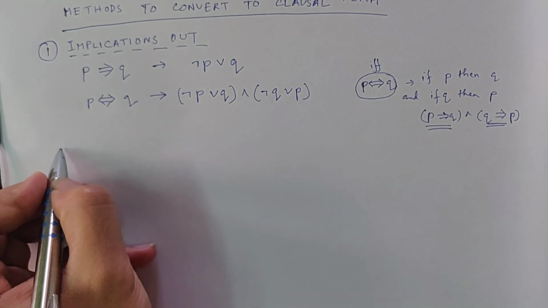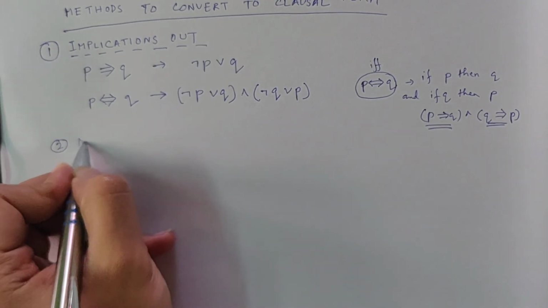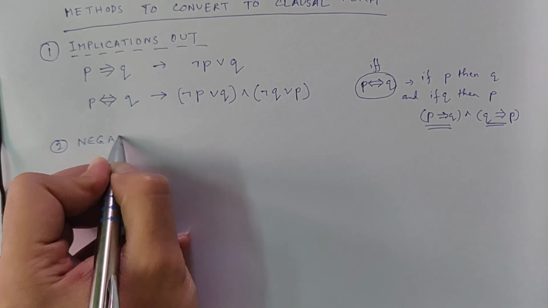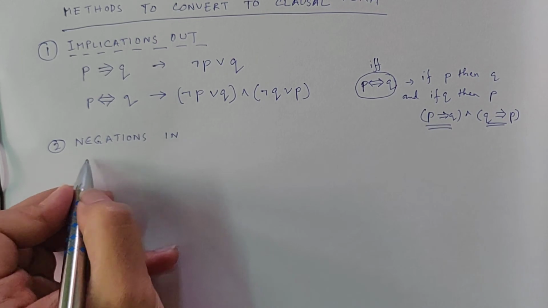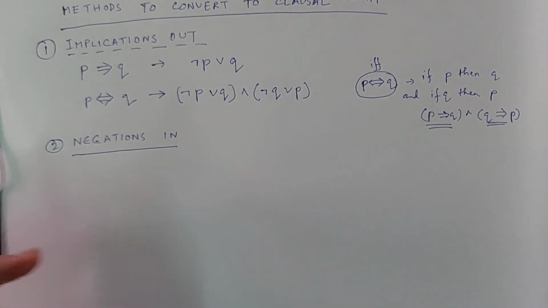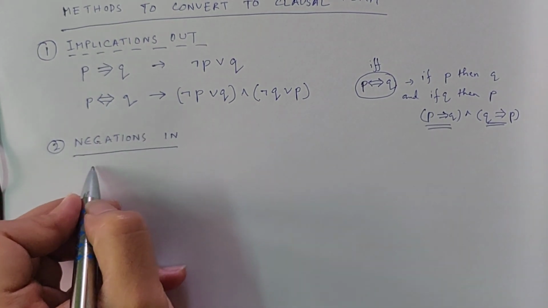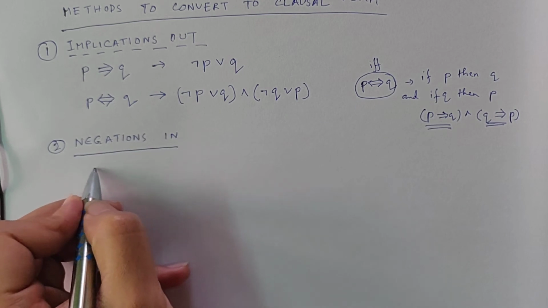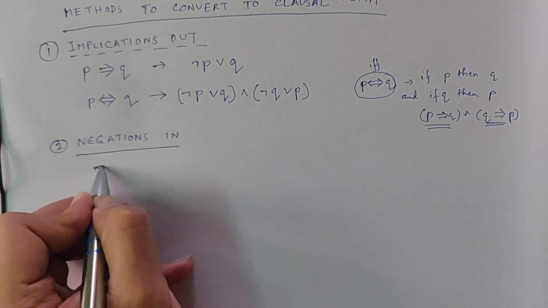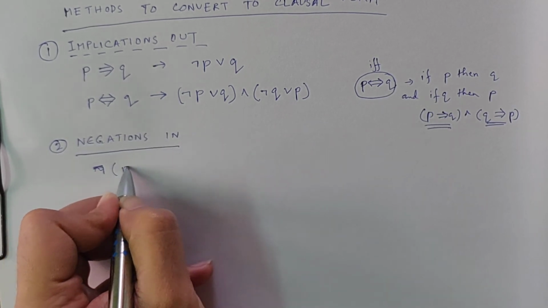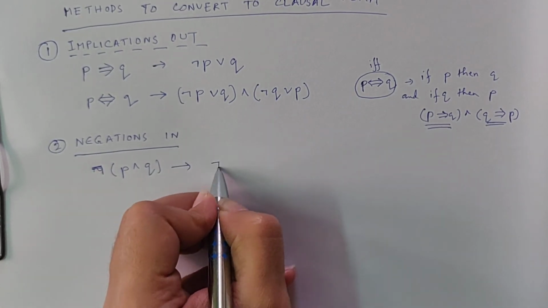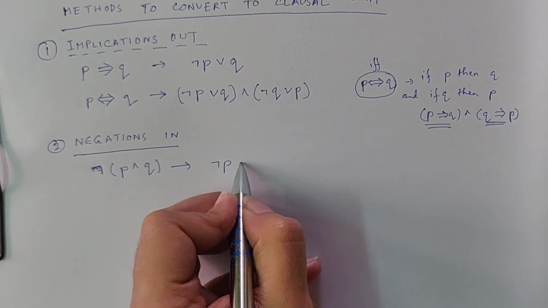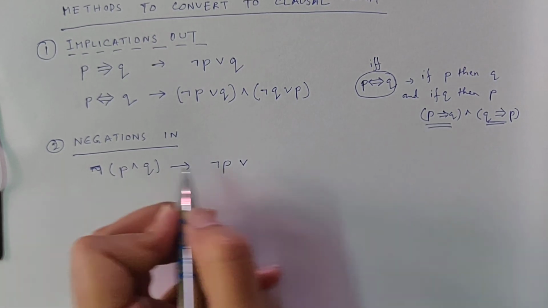The second is negations in. How? I can write this as not P. This sign will get changed.